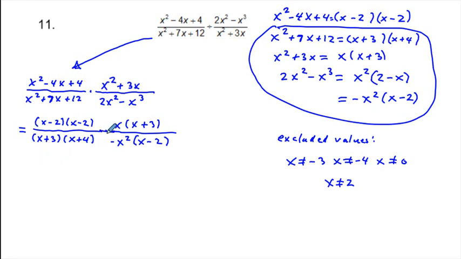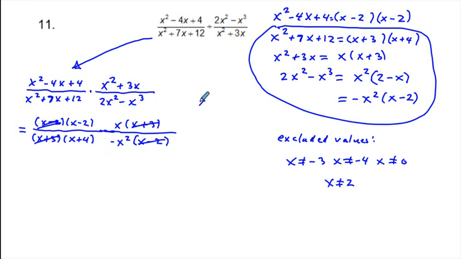I'm going to connect these fractions here. We have x minus 2 over x minus 2 will cancel. We have x plus 3 over x plus 3 cancel here. And then we have a simplification that a lot of students didn't get right here.